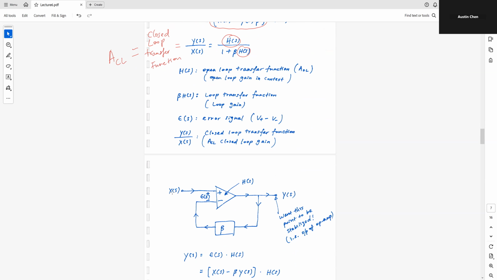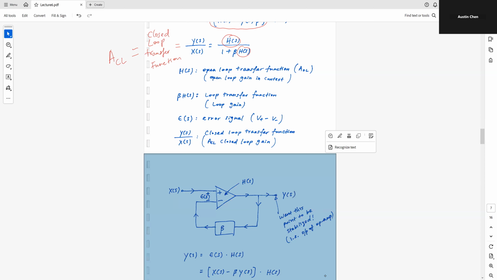And at the input side, I have my x of s, which is going into the positive terminal. I sample part of the signal from the output and send it back to the input via this beta network, but I send this signal back to the negative terminal, not the positive, such that I can have this error signal by taking the difference between V plus and V minus.